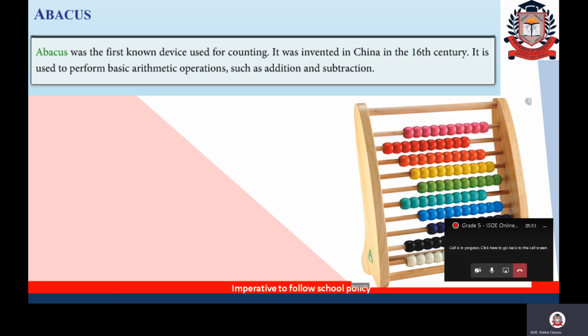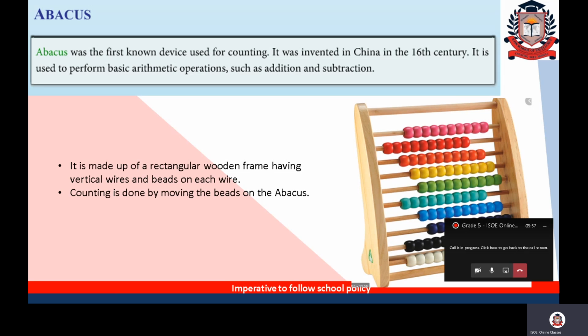Now also abacuses are widely used. It is usually made up of a rectangular wooden frame having vertical wires, with beads on each wire. Nowadays they are using different things; previously they might have used vertical wires, now they are using wood itself. Counting is done by moving the beads on the abacus.